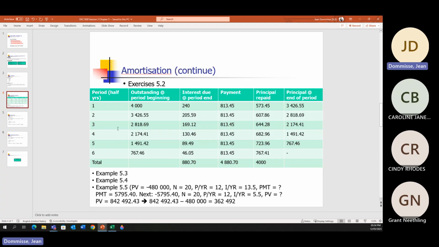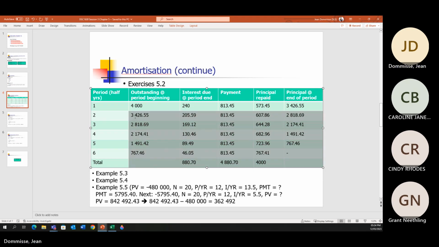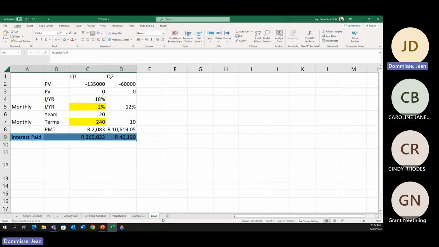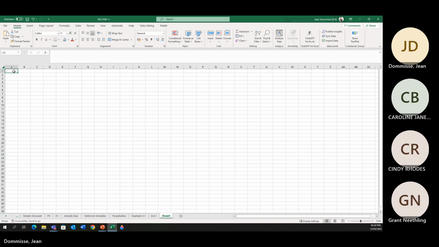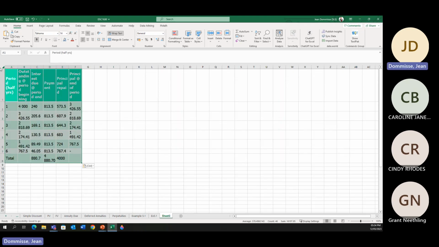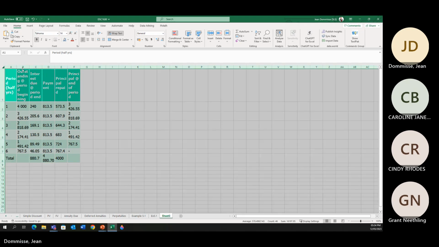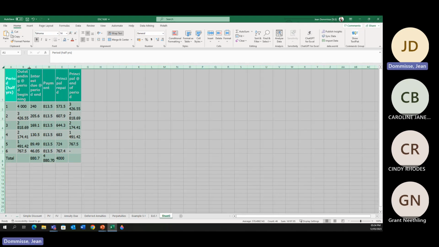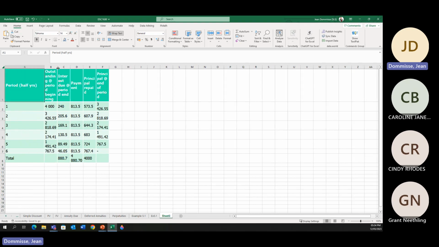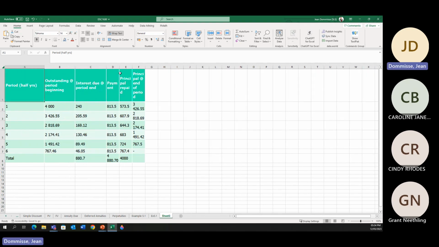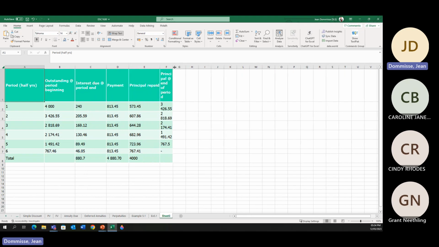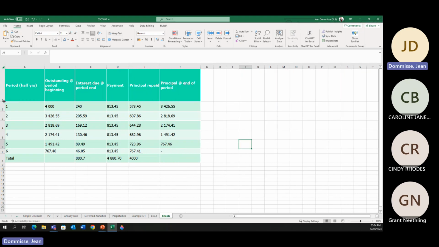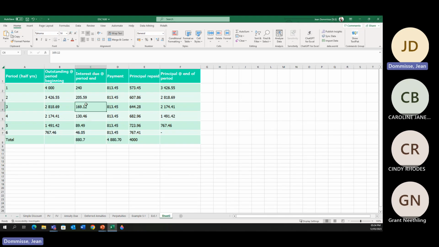Let me take this and put it in Excel for you, so that you have it. We will make the calculations and everything. I'll build it into it, then again, you can decide which one you want to use.